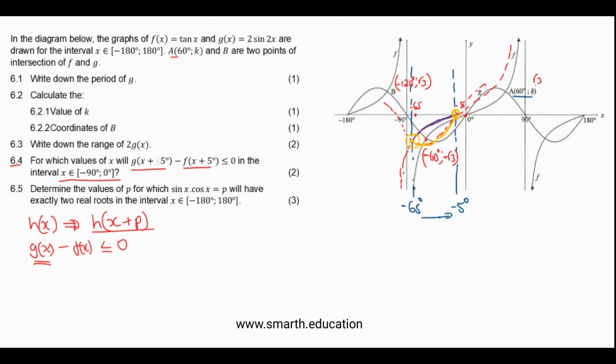So this is the interval we're looking for. Therefore, our answer is when x is greater than or equal to -65 degrees and less than or equal to -5 degrees. Or you can write it like this: x is an element of [-65 degrees, -5 degrees].